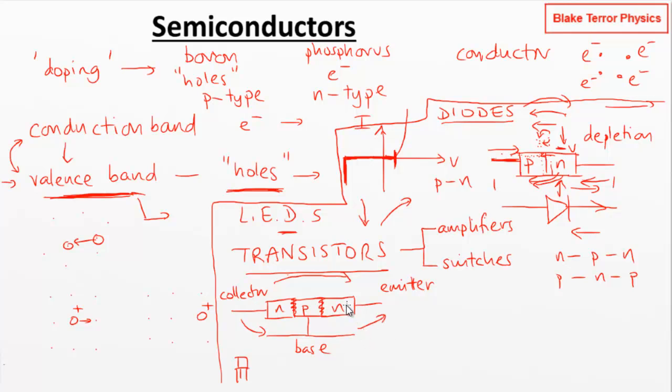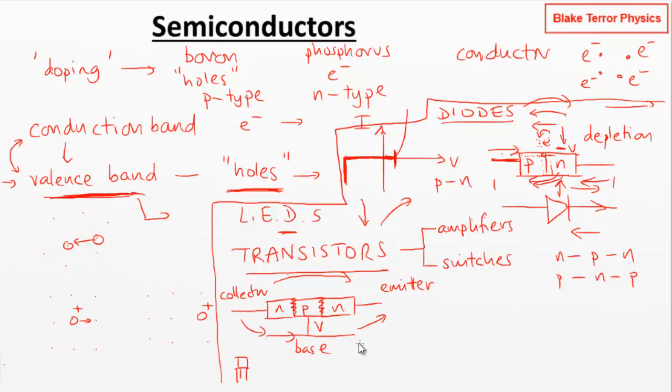So a way we can overcome this double depletion zone that we've got here is if we get a particular voltage here at the base, which we can achieve by passing a small current along this connection at the bottom here.